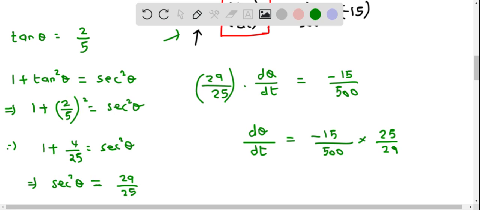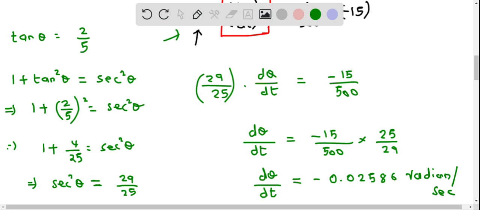We plug these values into the calculator to find the value of d theta over dt. So d theta over dt is negative 0.02586. The unit of this angle is radians per second. So this is the answer to this question: the angle is changing at a rate of 0.02586 radians per second.